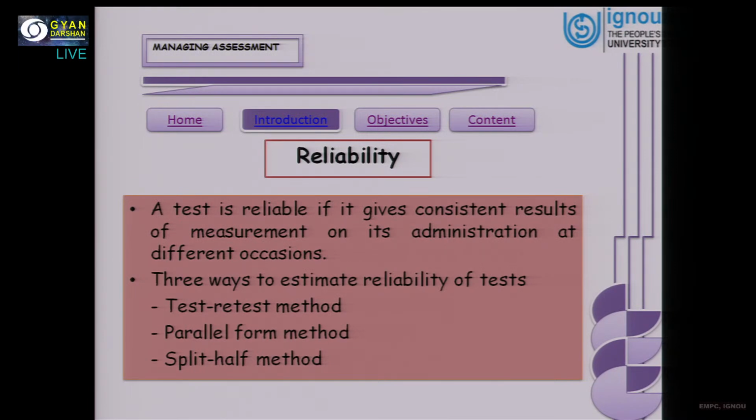For this, we calculate it with the Spearman-Brown formula. With this, we get the reliability of the full test. So we have seen how the reliability of a test can be found with the help of three methods: the test retest method, the equivalent or parallel form method, and the split half method.